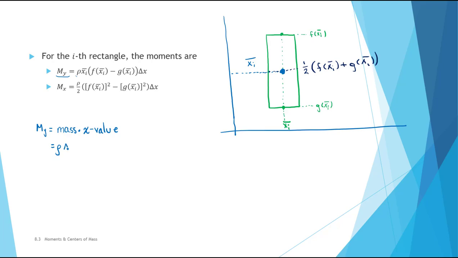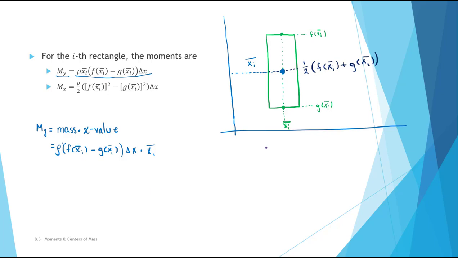The area of the rectangle, we said, is f of xi bar minus g of xi bar times delta x. And the x value of this point is xi bar. So the moment about the y-axis, just changing the order of those factors, is rho xi bar times the quantity f of xi bar minus g of xi bar times delta x.